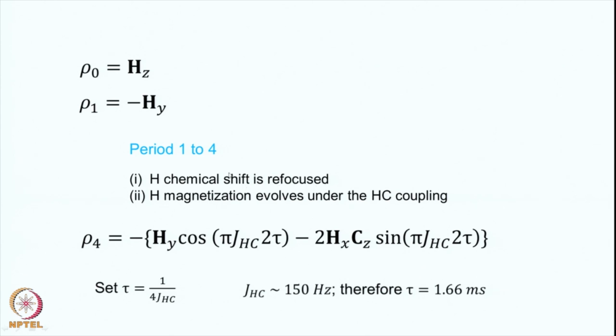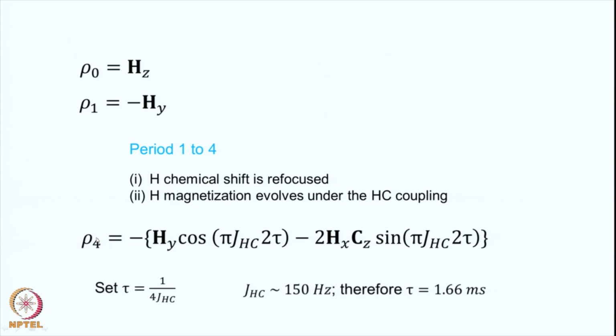So, at time point 4 this is the spin echo, and the proton chemical shift is therefore refocused. However, the proton magnetization evolves under the proton carbon coupling. Okay, so this Hamiltonian is operative, this is not refocused. So, the coupling is not refocused in the spin echo experiment when the 180 pulse is applied on both of the channels, both of the nuclei.